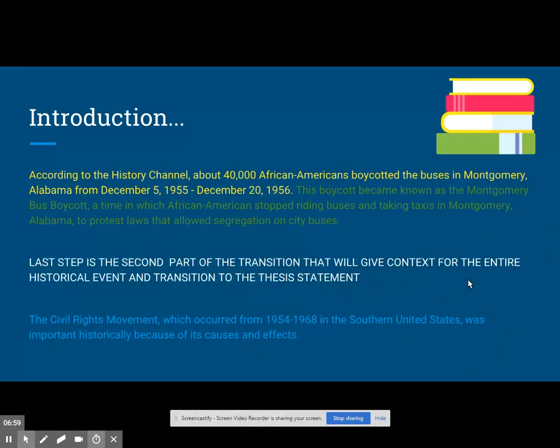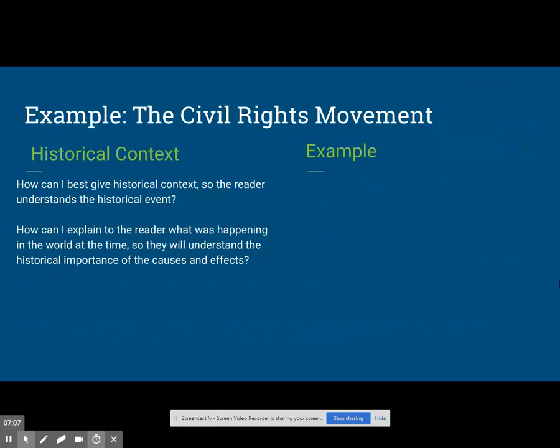Our last step is the second part of the transition that will give context for the entire historical event and will transition to the thesis statement. So here's my example. How do we give historical context? How can I best give historical context so the reader understands the historical event, understands the civil rights movement? How can I explain to the reader what was happening in the world at the time so they understand the historical importance of the causes and effects of the civil rights movement?